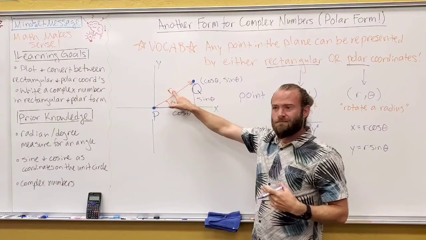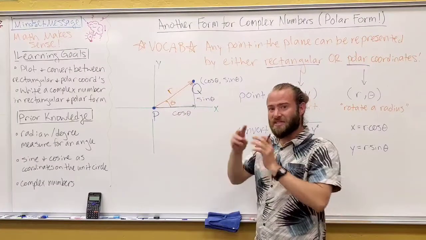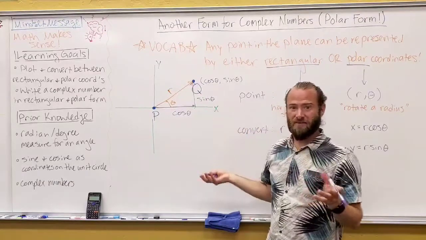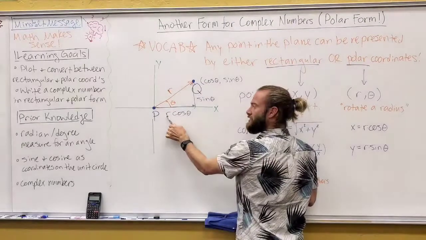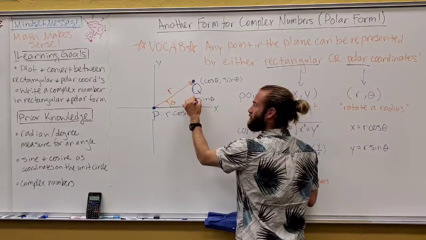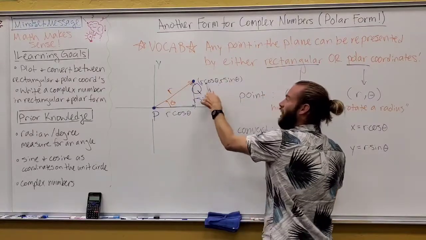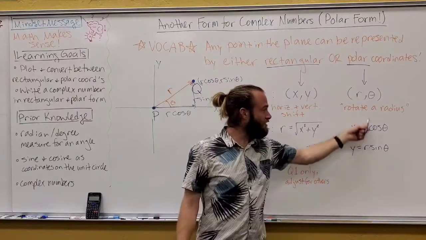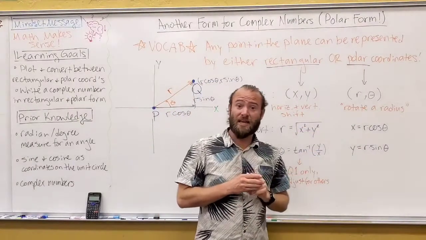But if we've now got a radius of r, not 1, essentially we've scaled that triangle by r. We've multiplied everything. So since that is multiplied by r, this and that also must be. So we're just going to say the new coordinates are r cosine theta and r sine theta. So there's a direct conversion we can use if we want to go from polar to rectangular.